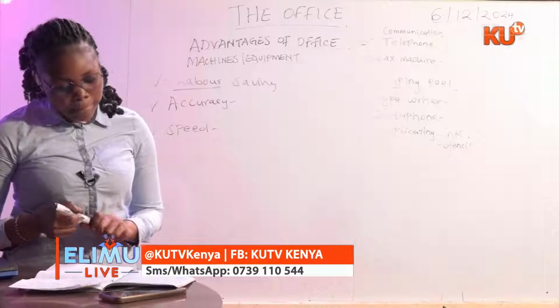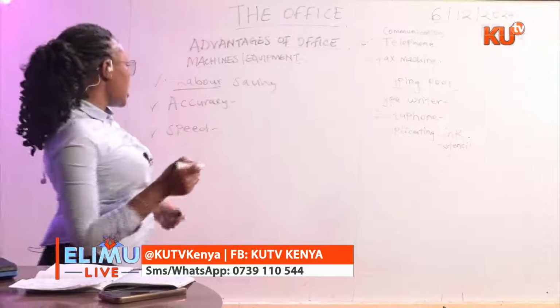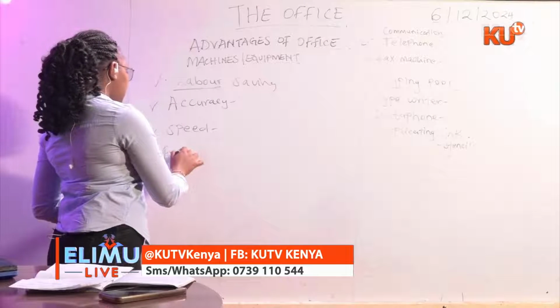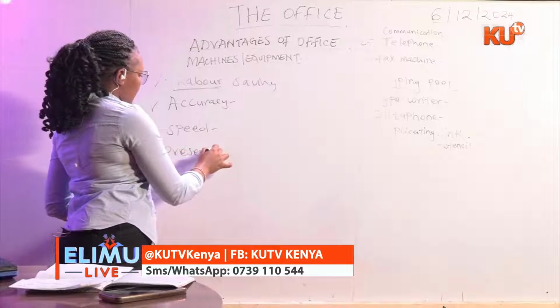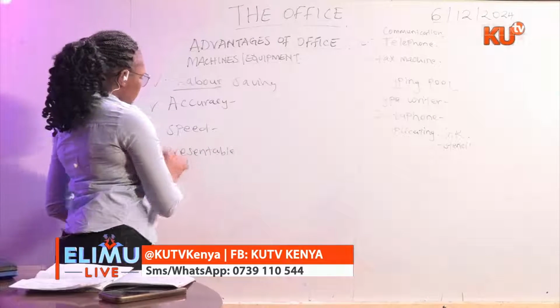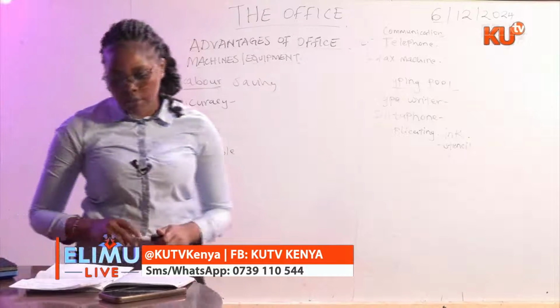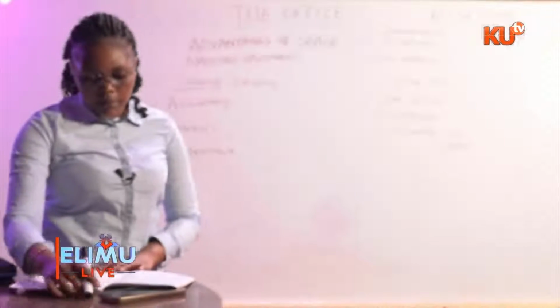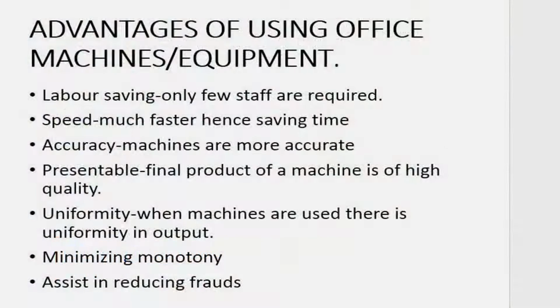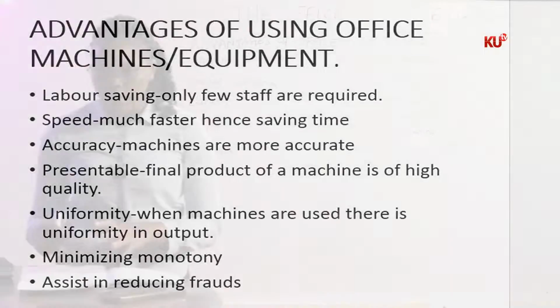Number four, machines have a presentable output. This is whereby the work done by machines is neat. It looks presentable as compared to the work that is done by hands, especially when something is written and when it's typed.